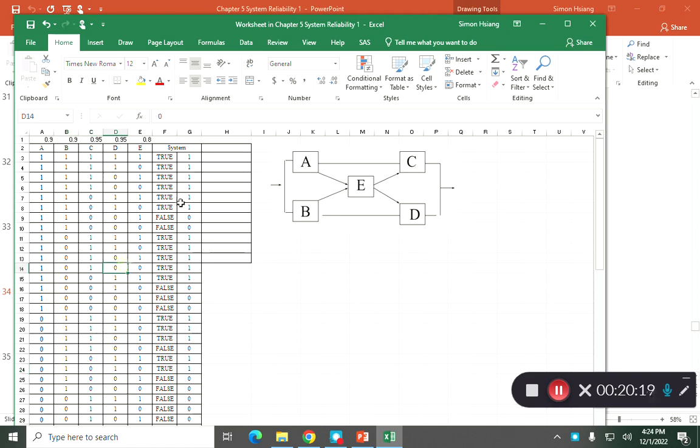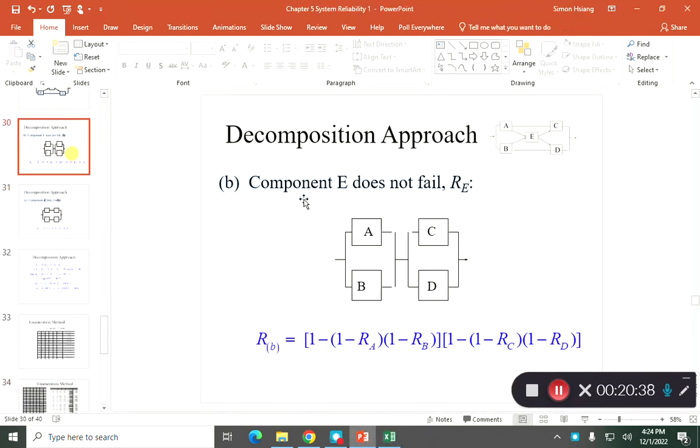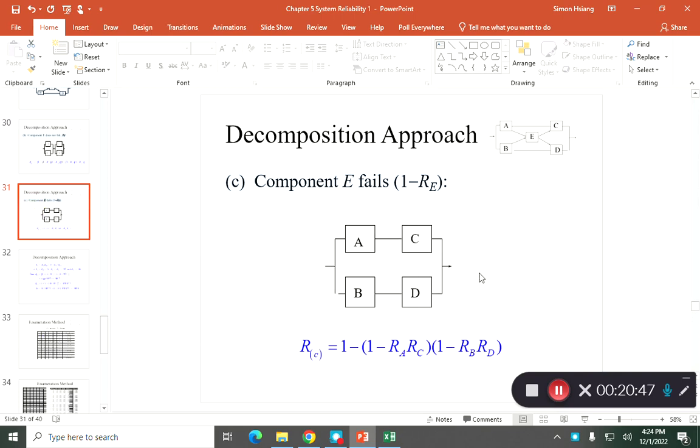So among the 32, you can develop a true or false statement and basically say that if E is working, I have a low redundancy system, and if E is not working, I have a high redundancy system.